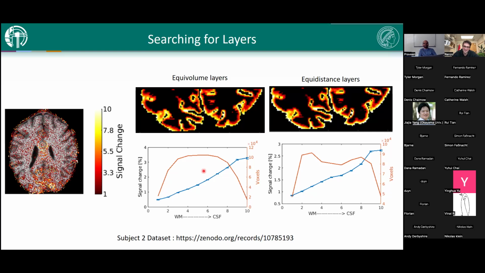The main problem is B0 problems. Another issue is that with a very short repetition time, the banding regions are more or less stable, but there are a lot of field disturbances because of breathing.